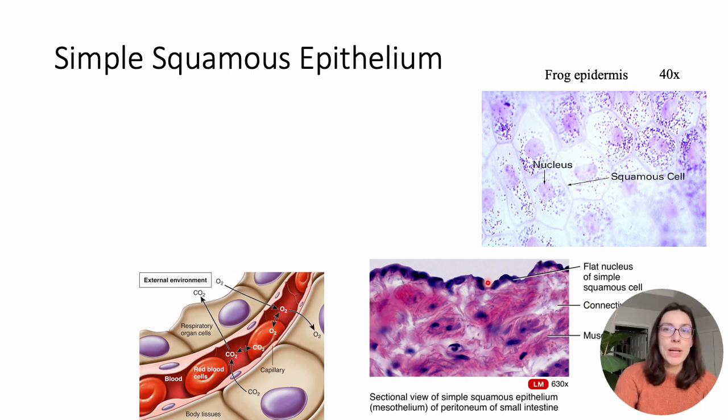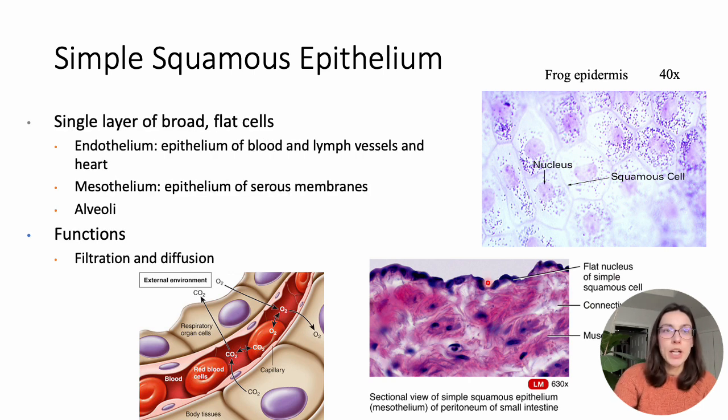So simple squamous epithelium, single layer of flat, broad cells. If you were to look at an eagle's eye view at that type of tissue, it would look like this, right? Cells packed really, really tight. Right now, we're just looking at the apical surface of these cells, and there's like no space in between them.